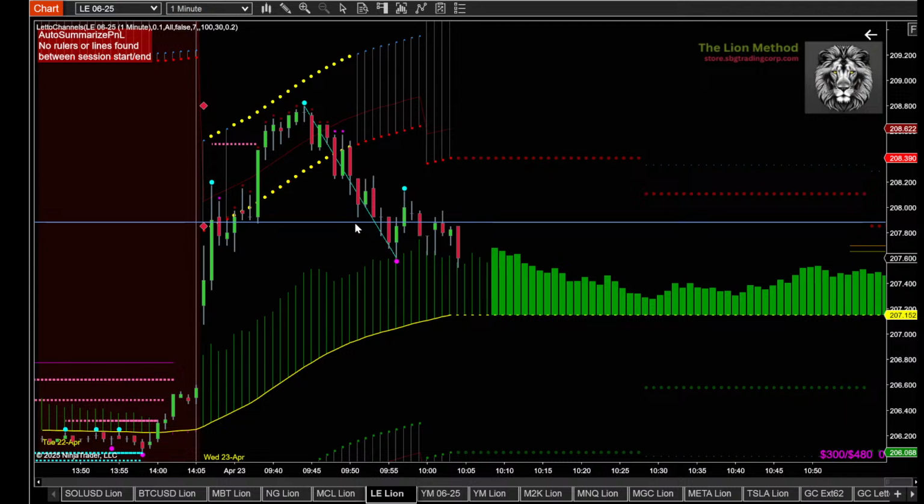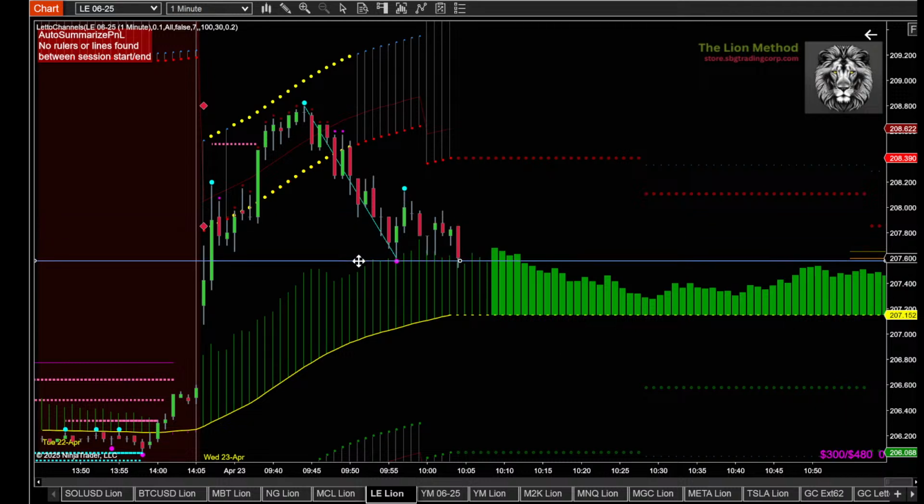So we are really now short in live cattle based on our sell dot here. We just broke through it. We'll get our target in a moment. It's a good short pattern. So this is called a descending triangle.